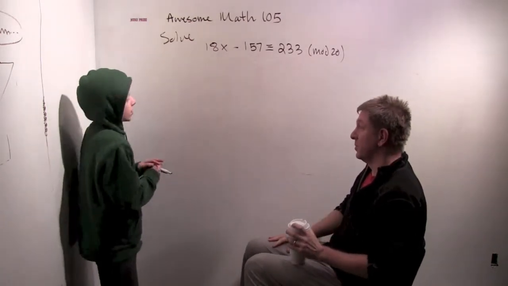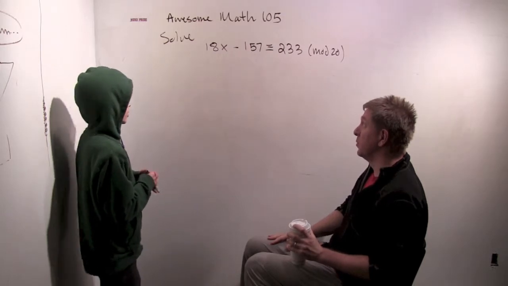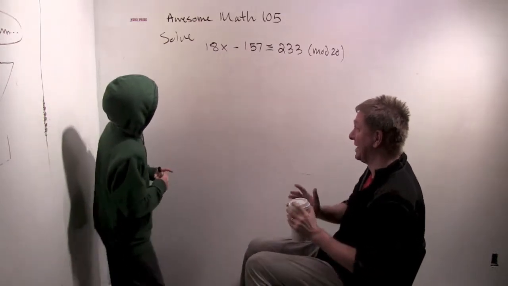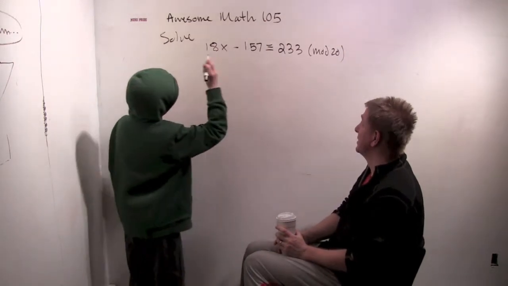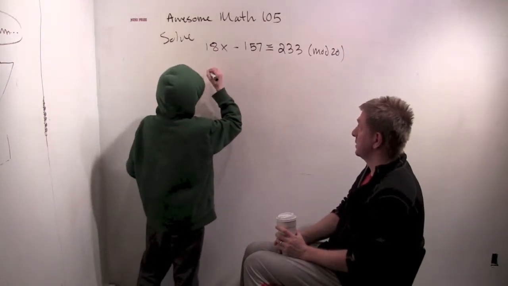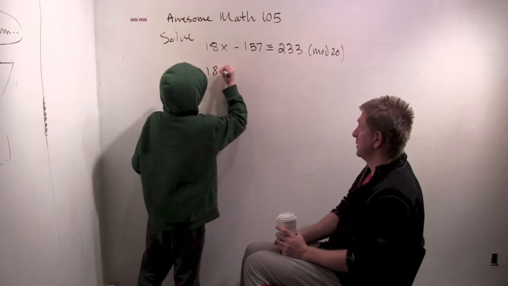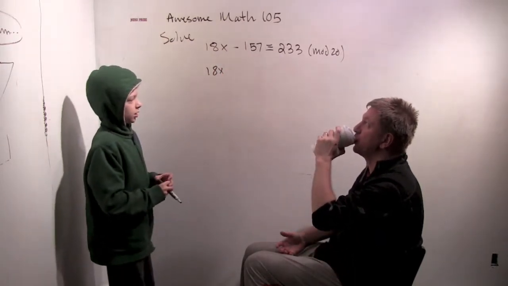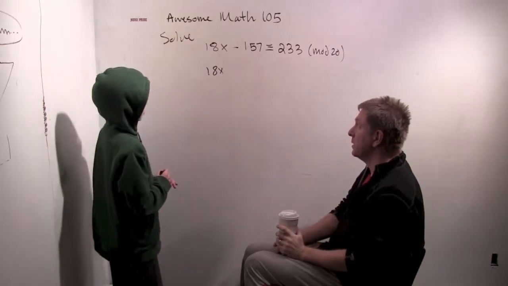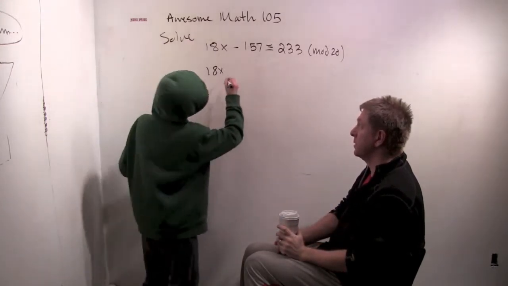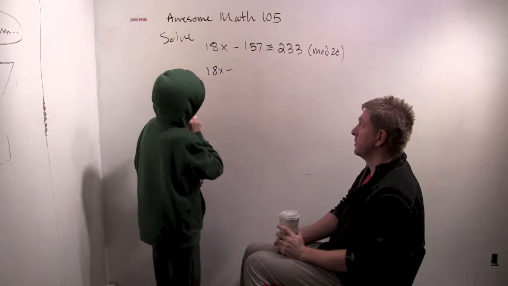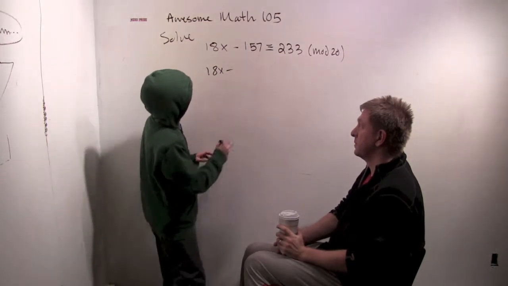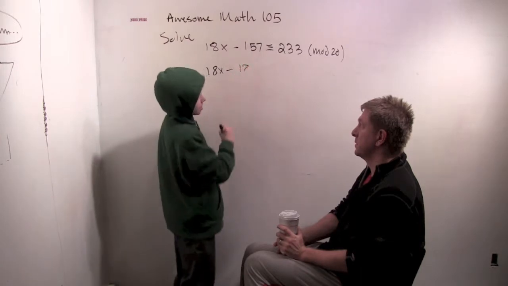Well, the first thing we could do here is we can do everything mod 20. Well, 18x doesn't change. We could also say minus 2x, but I want to keep it positive. Minus 157 minus, I think, 17.